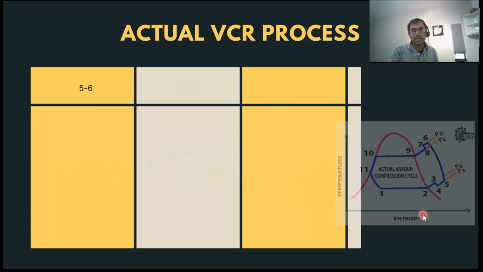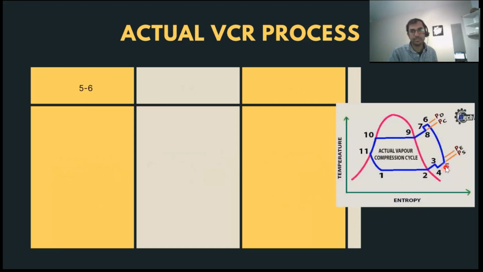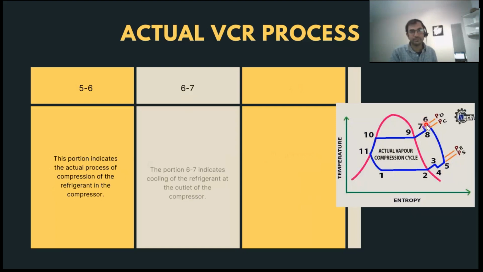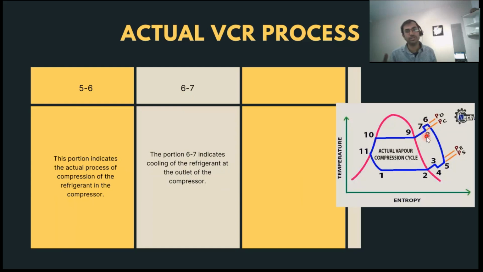And then 5 to 6 is the basic process, the compression process by the compressor. And 6 to 7, the small portion, indicates cooling of the refrigerant at the outlet of the compressor. Yes, it is high temperature and high pressure, but there will be some cooling also at the compressor outlet because of the losses.